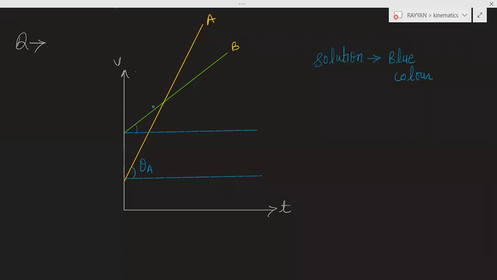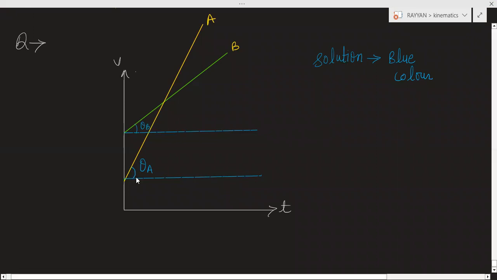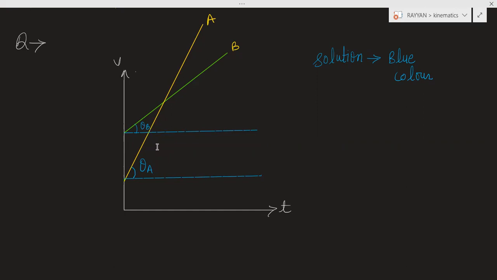This angle is suppose theta B. Now can you guess which angle will be greater, theta A or theta B? A. Okay. So now can you tell me the answer? Which will have the more acceleration, A or B?